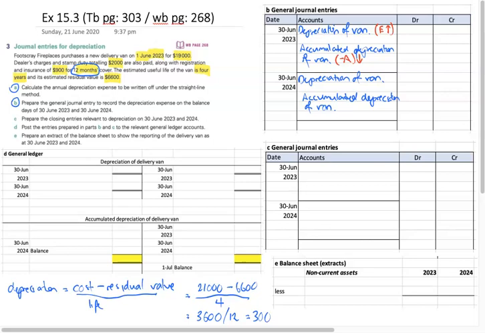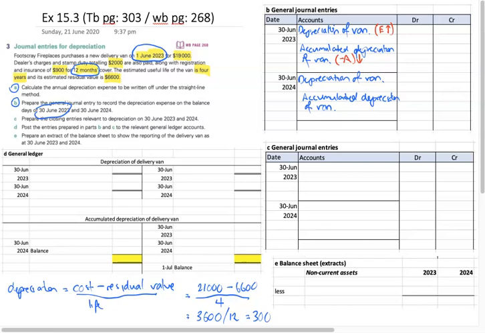The hard bit here is to recognize that we didn't buy this van on the very first day of the reporting period. We bought it on 1st of June 2023, and we're asked to do our first entry on the 30th of June 2023. So how many months have gone since we bought it? That is a relatively easy question. We have 1 month. If we have 1 month of time since we bought it and our reporting period, we clearly have not had a full year's worth of depreciation.